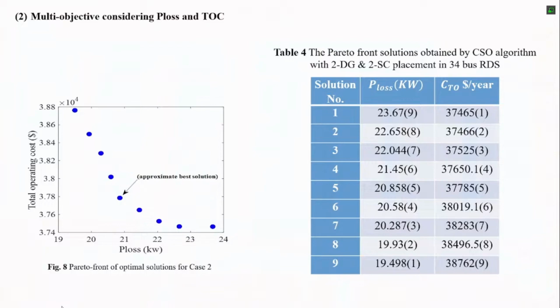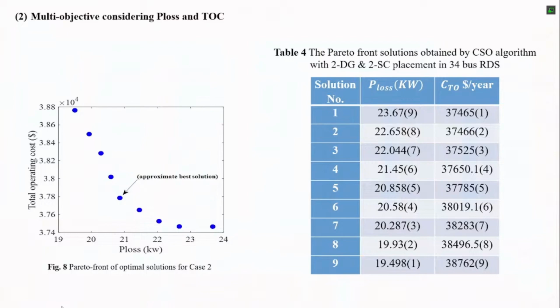So in a lump sum way, for understanding purposes, I have shown this may be the best optimal solution if we satisfy a 50-50 weight. Here actually we provide more weight to operating cost and less weight to P loss.